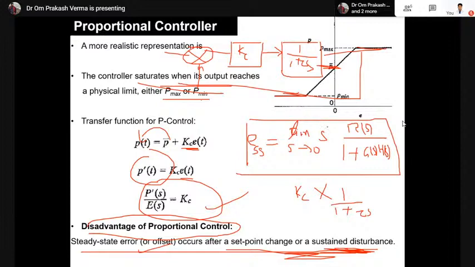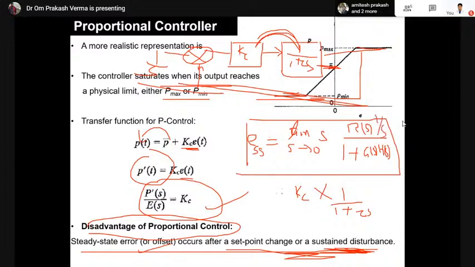Let's say we have supplied the step input, 1 upon s. This is Kc into the first order system, and H(s) is given as 1. However, what is the total G(s)? G(s) becomes Kc into 1 upon (1 plus tau s). So ESS becomes limit s tends to 0, 1 upon s.